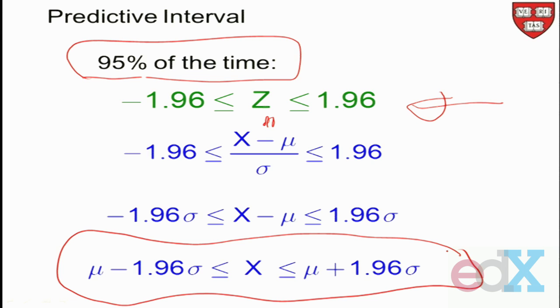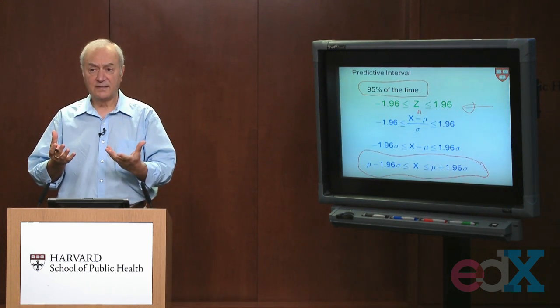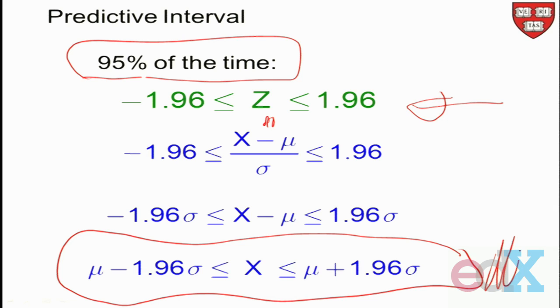What this says is that if x is normally distributed with mean mu and standard deviation sigma, we don't know what it's going to be, but 95% of the time, it will be within plus or minus 2 standard deviations of its mean. That's what this says, right there.